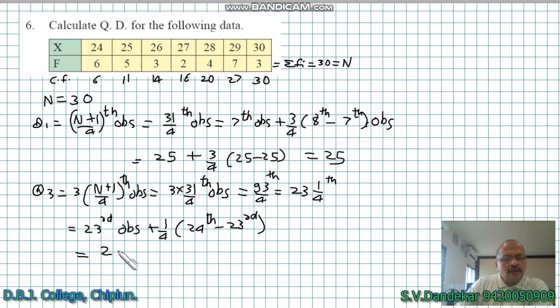So Q3 is 29, and therefore quartile deviation is (Q3 minus Q1) upon 2, (29 minus 25) upon 2, that is 4 by 2 equal to 2.